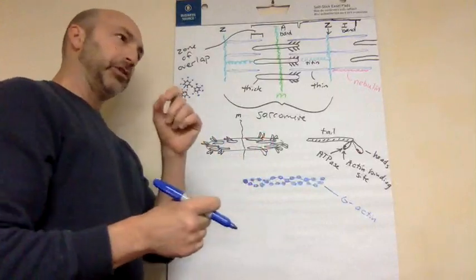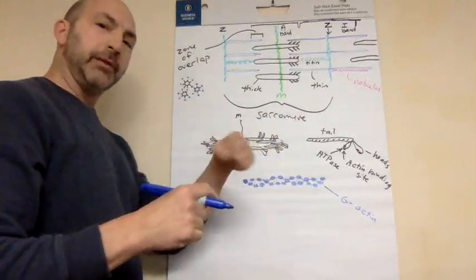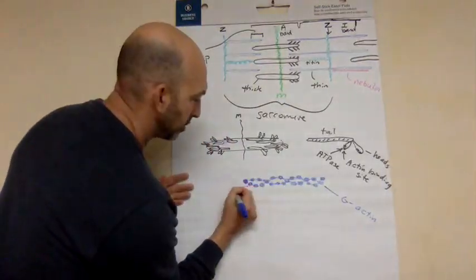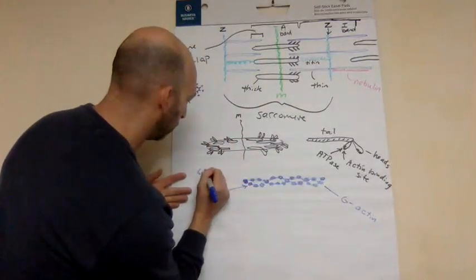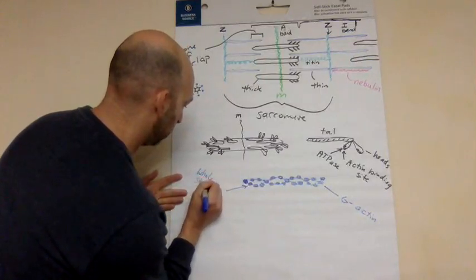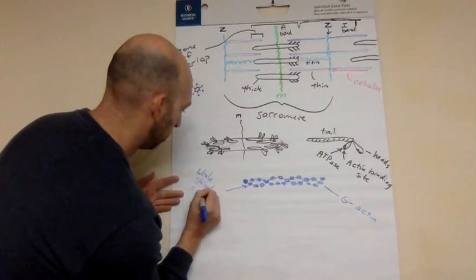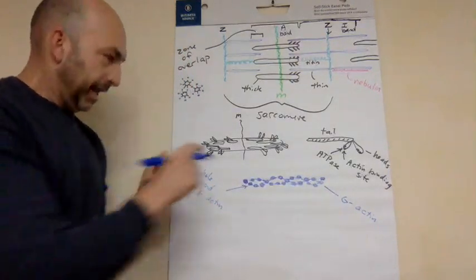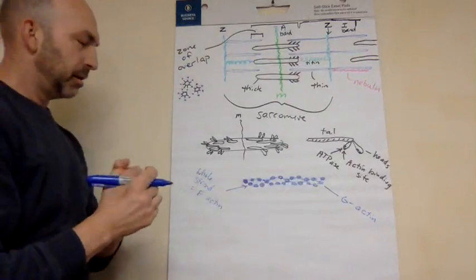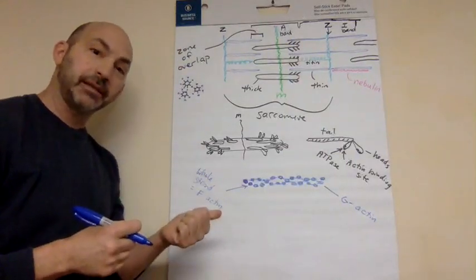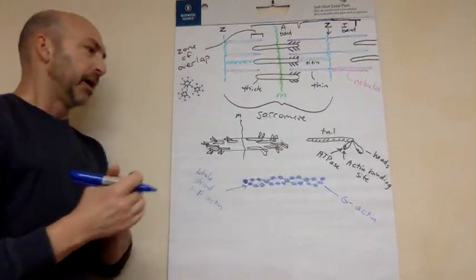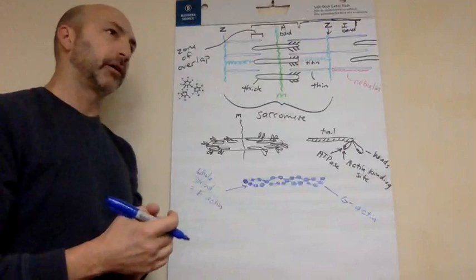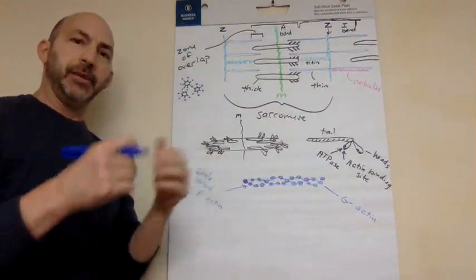And then the fact that you string them together to form these strands that wind around each other, each one of the strands is called F-actin, F for filamentous, like a filament, like a strand. The whole thing together, the two strands wrapped around one another, are the actin filament.